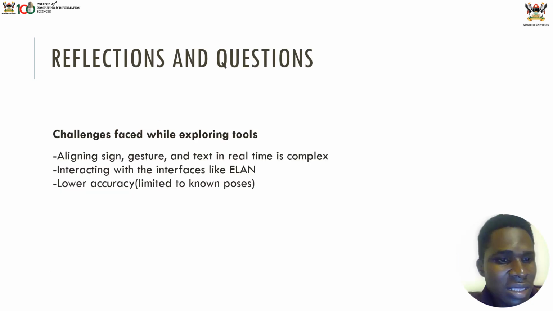Okay, so these are some of the challenges that can be looked at when exploring the tools. First, aligning signs, gestures, and text in real time. This would be a great challenge, since there are a number of tools that are each performing one part.